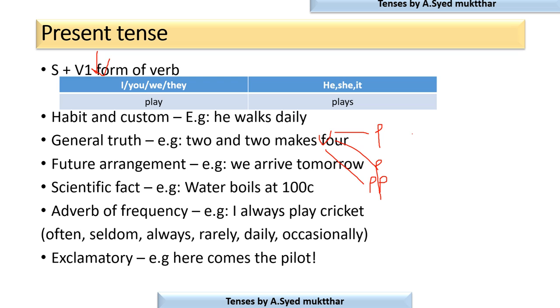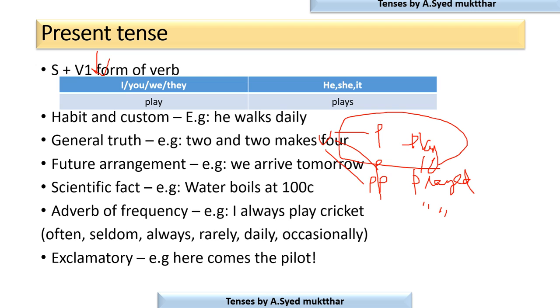So for example, if the word play is a present tense, then past will be played. So past participle is played, the same word. So the V1 form of the verb is the present tense of the sentence.